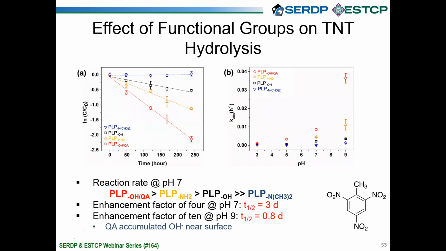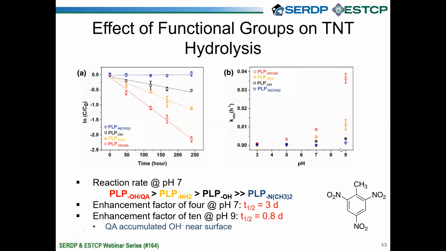This can be explained by the basicity of the functional groups generally. Another interesting observation, as shown in panel B, is that by simply grafting QA group onto PLP-OH, as shown in the red versus the black, you can see the reactivity of PLP increased by 4 times at pH 7. The enhancement became more evident at higher pH.